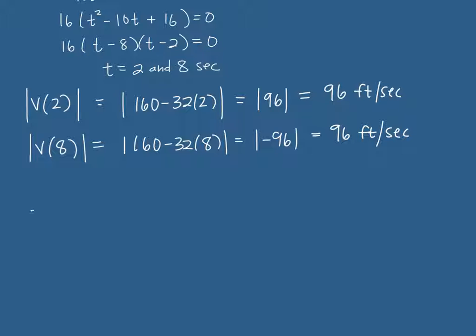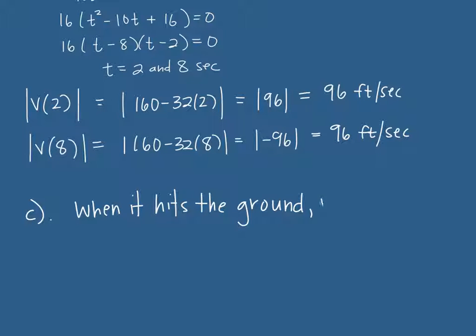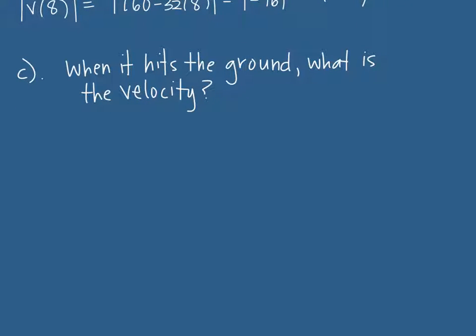All right, last question of this section. When it hits the ground, what is the velocity? Here's another when and what. You have to answer the when before you can answer the what. The when is when it hits the ground.